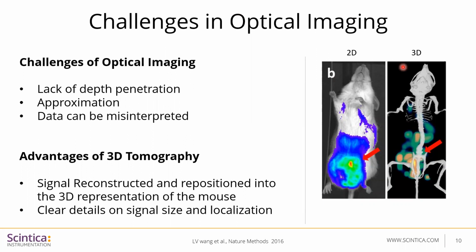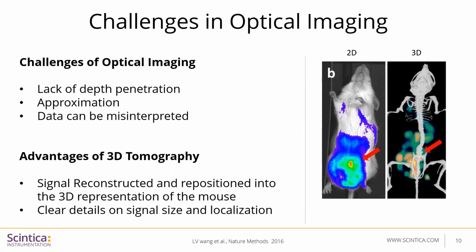The advantage of using 3D tomography is that signals are reconstructed and repositioned into a three-dimensional representation of the mouse. We are able to get clear details on the signal size and localization. As apparent in this image, we can see where exactly the signal is coming from. This suggests the advantage of 3D tomography over conventional 2D optical imaging.